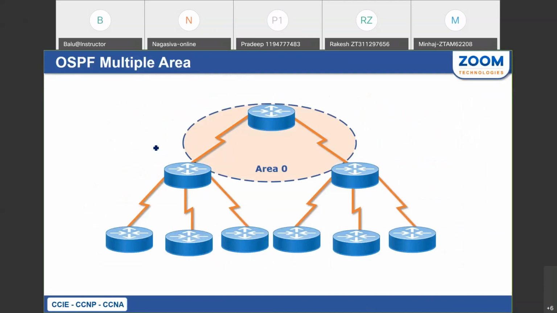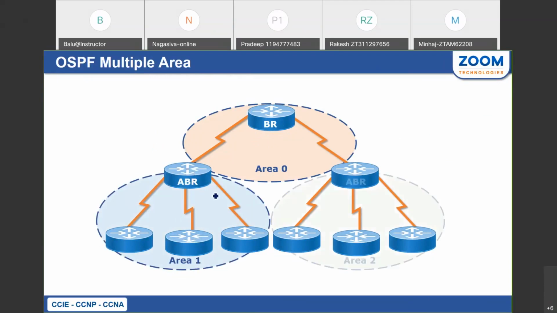Area 0 router we call BR. A router connecting area 0 as well as area 1 is an ABR. Also area 0 and area 2, that is the ABR router. And internally the IR routers, all are internal routers.